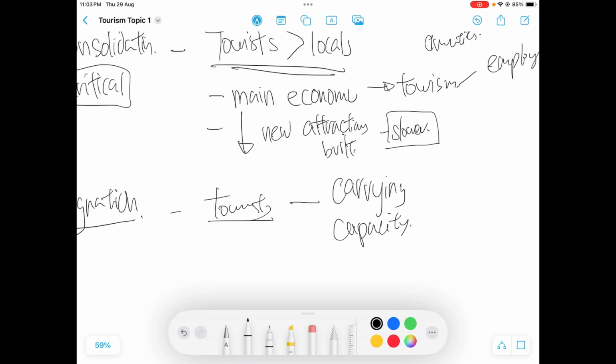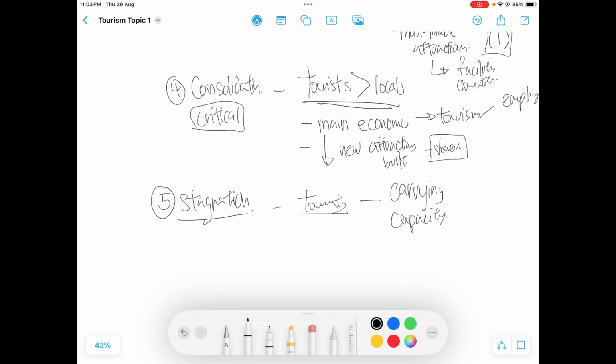The number of tourists has reached carrying capacity, and this causes negative impacts, such as an overload on the environment and an overload on the transport system. There are many negative consequences because of the large number of tourists.